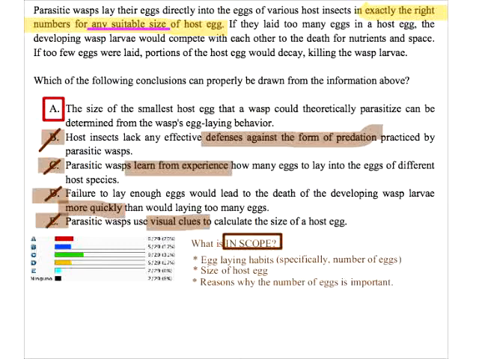And below that, your suitable number is going to be 0 eggs, and that means it's too small. In other words, what the passage is saying is that you have some sort of perfect correlation between egg number and host egg size. So you just have to watch the behavior of the insect and see where that goes to 0. And then you won't be able to parasitize anything smaller than that.